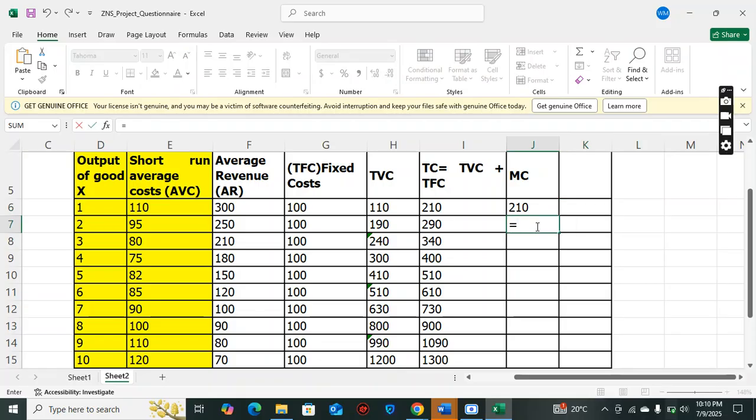Then when we increase from 1 unit to 2 units, remember marginal cost is just the change in total cost. So here 290 minus 210, that is 80. 340 minus 290, that is 50. 400 minus 340, that is 60. 510 minus 400, that is 110.